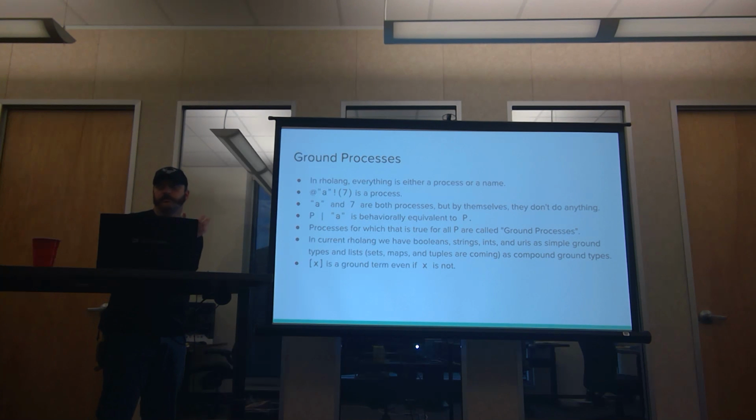Like addition, or string concatenation. We don't evaluate them at the top level because we know if they succeed at evaluating, they're going to produce a term which has no effect. So we just don't bother reducing them at all.